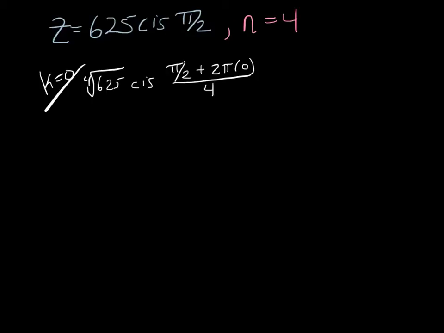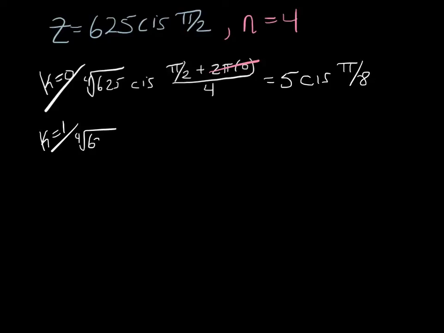So the fourth root of 625 is 5 cis, pi over 2 over 4, so that is pi over 8. So that's one of the fourth roots of z. We can find the next one by allowing k to be 1.